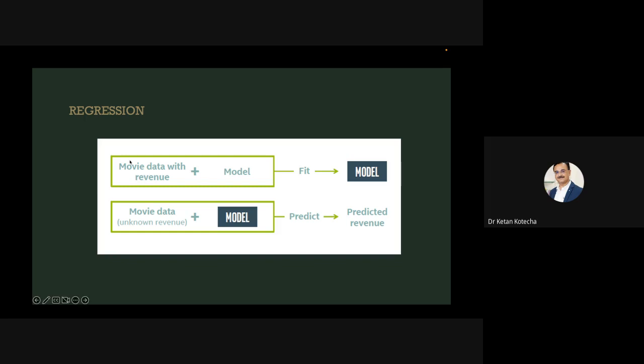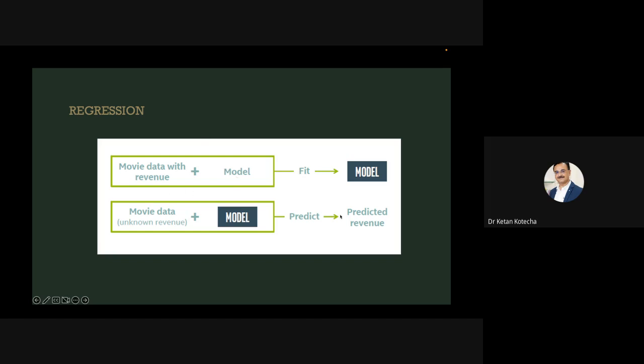So maybe you have been given movie data with the revenue that this movie produced. You fit a model via some algorithm, then a new movie comes, and you can predict that this particular movie will generate this much revenue, right? Yesterday a new movie was released that is generating huge revenue, that's in the news, and that may have been predicted based on this kind of algorithm.